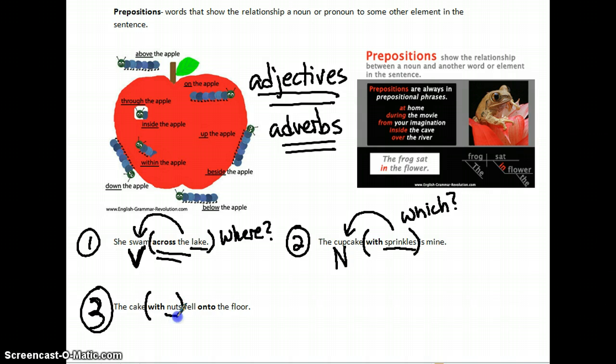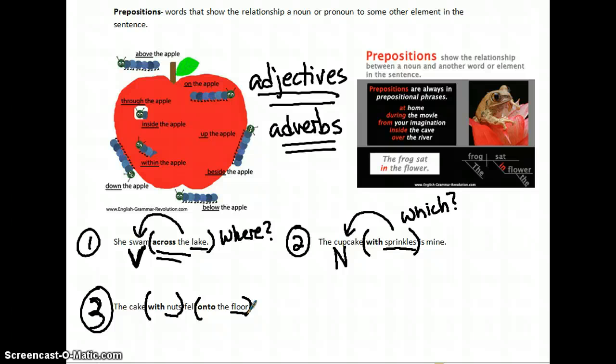In this case, it's nuts. And we have onto, another preposition. It will also take an object. The object after onto, hopefully you're seeing the noun, is floor. So onto the floor is another prepositional phrase. So we've got 2 prepositional phrases in this sentence. And what I'm wondering is, how do each of them act?